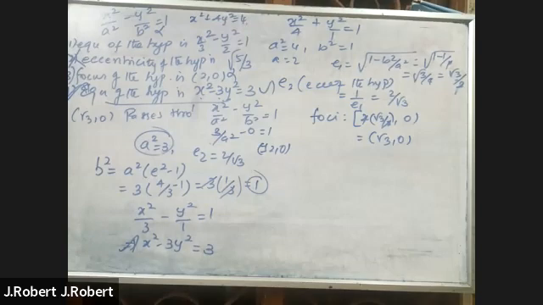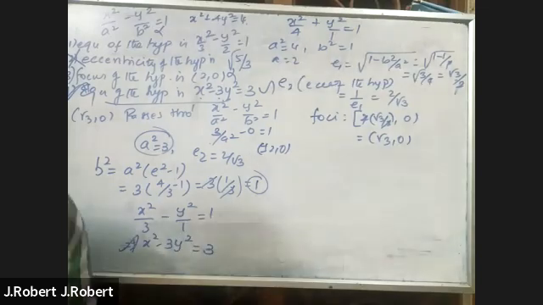The last one of this class. The area in square units of the smaller of the two circles that touch the parabola y squared equals 4x at the point (1, 2) and the x-axis.